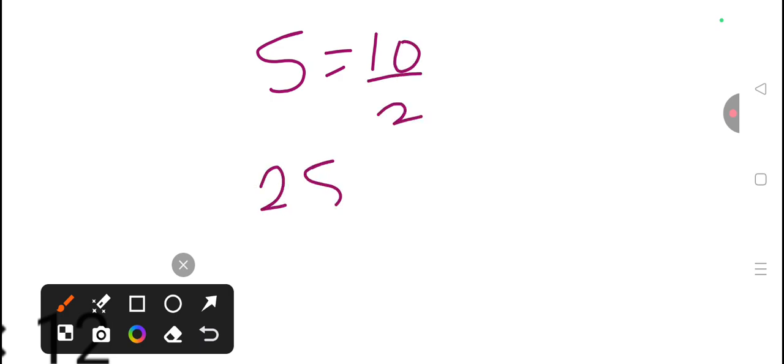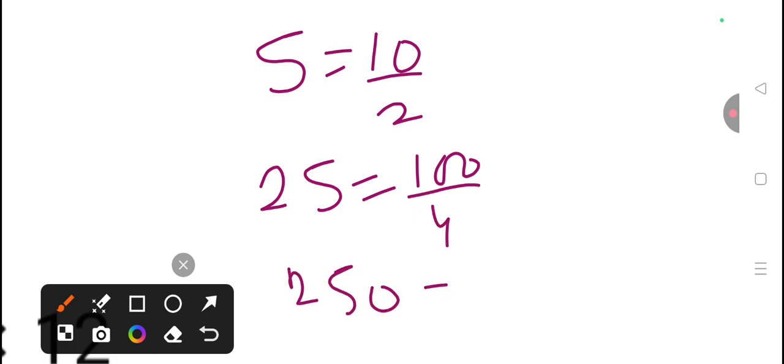So I am going to let you know which numbers can be written differently in tens, hundreds or thousands to make the multiplication easier. First, 5 can be written as 10 upon 2. 25 can be written as 100 upon 4. Similarly 250 can be written as 1000 upon 4.